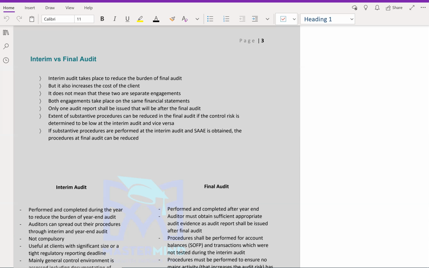Remember this, because there's a good 3 to 4 months, at least a quarter, time difference between when you finish the interim audit and when you start the final audit. So you have a good 3 months to assess what you will do in the final audit.